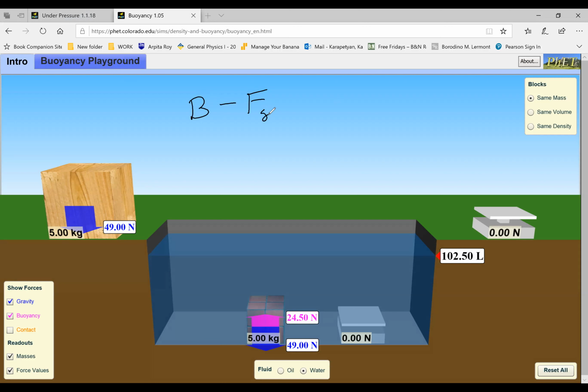If the buoyant force is stronger, it will be pushed upward and float. If the gravitational force is stronger, it will be pulled down and sink. Now here's what I have. Buoyant force is mass of the fluid times g, times volume of the fluid, minus the gravitational force, which is the mass of the object.